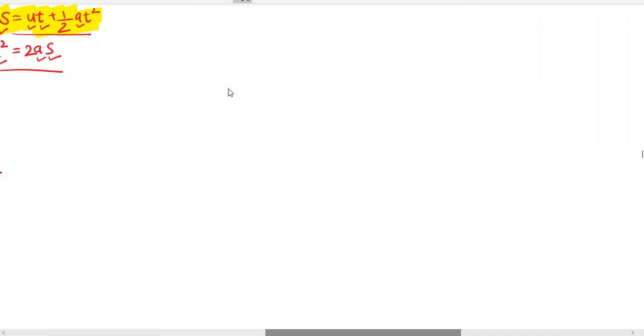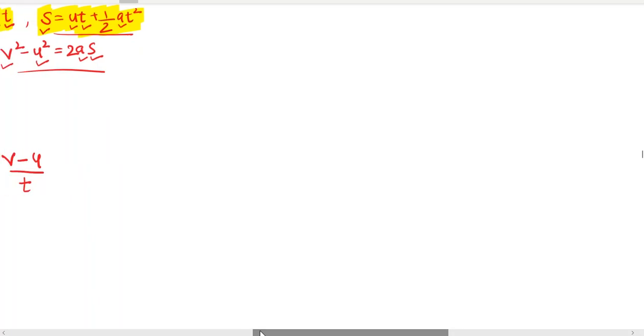Let's do the derivation of the second equation, which is in front of you. Just a moment, let me make some space. Yeah, you can see the second equation.